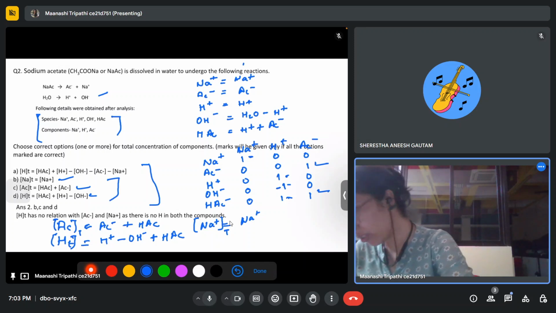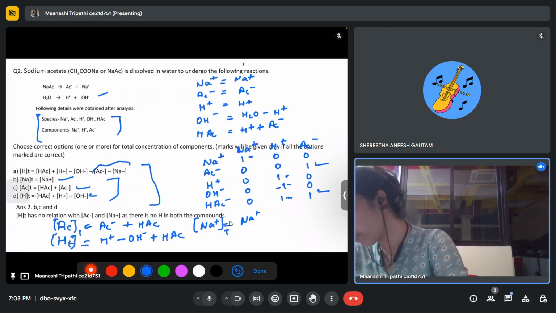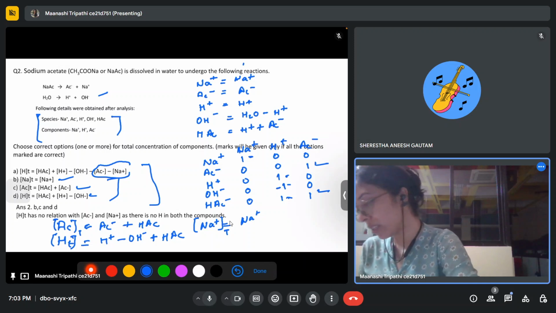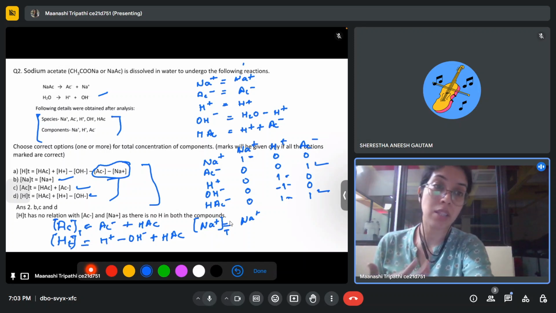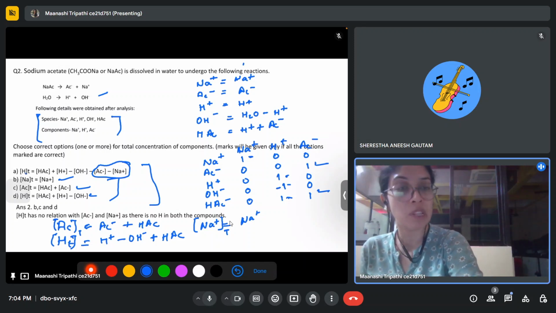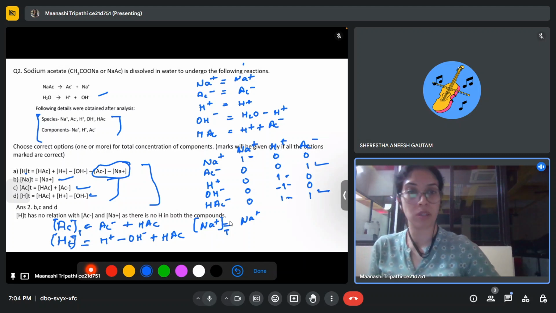Why is the first option wrong? First option is wrong because this part is not required. Ac does not contribute anything in H total. Similarly, sodium also does not contribute anything to H total.